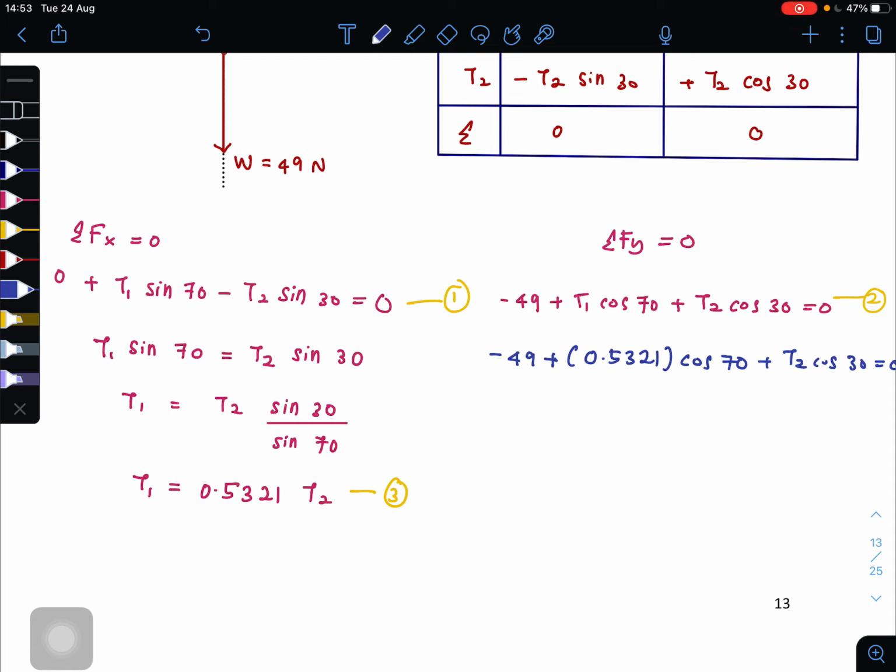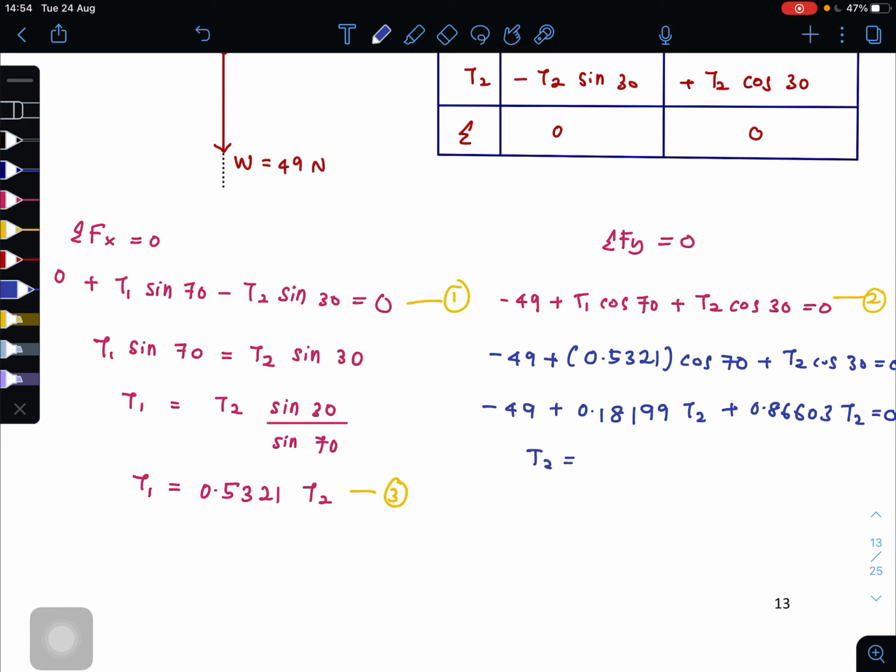And then you will get negative 49 plus 0.18199 T2 plus 0.86603 T2 equal to 0. When you calculate and simplify this, at least put 3 decimal places. If more decimal places, the better, so your final answer is more accurate. Here I put 5 decimal places, so that our final answer value will be more accurate.